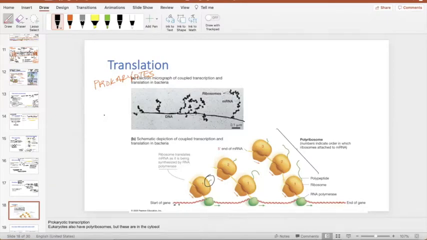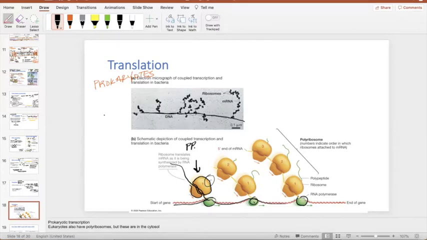So here we have DNA. The DNA is being transcribed by RNA polymerase at multiple places along this DNA. We have an mRNA transcript that's being manufactured, and immediately as it's being manufactured, ribosomes are attaching to it. And these ribosomes are immediately translating this into protein.